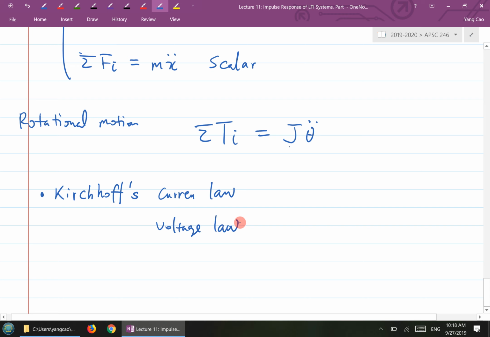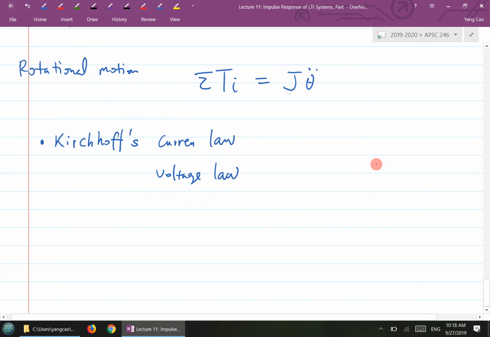You can use these as the basic principles to analyze any electrical circuit. The current law basically says if you pick one node and add up all the currents flowing through that node, the total is 0.